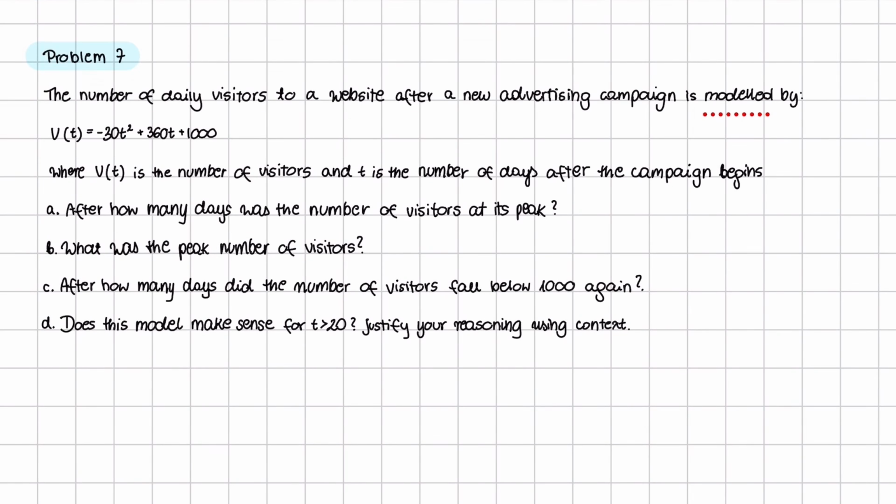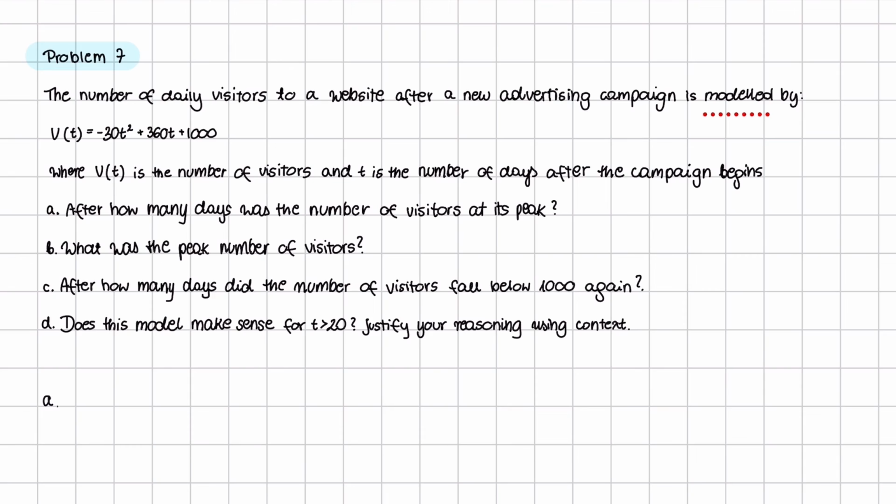Problem 7. The number of daily visitors to a website after a new advertising campaign is modeled by, and we are given a function where V(t) is the number of visitors and t is the number of days after the campaign begins. And in A, after how many days was the number of visitors at its peak?